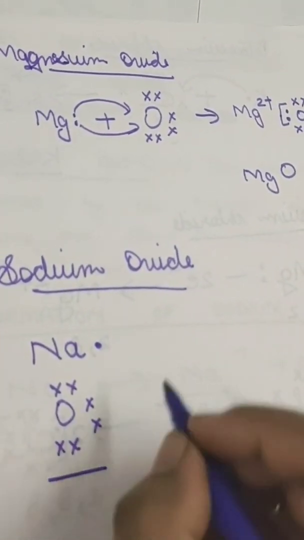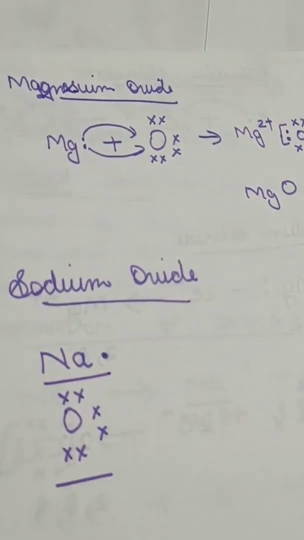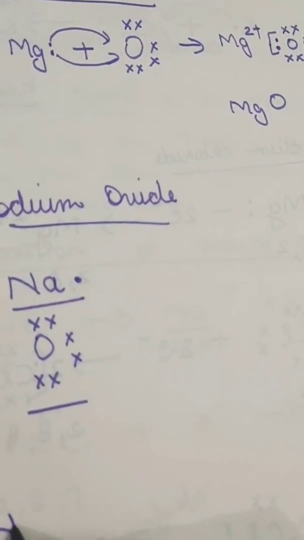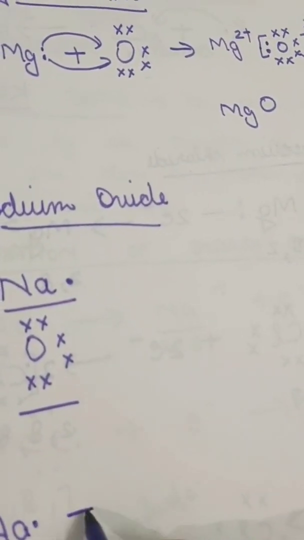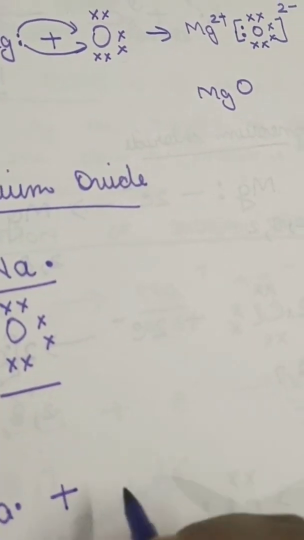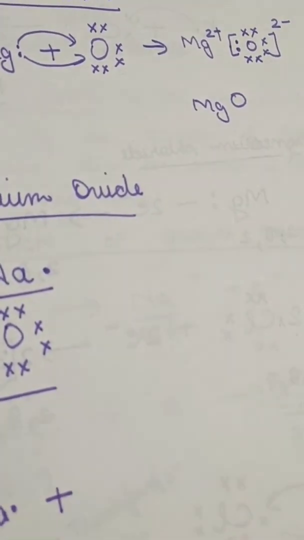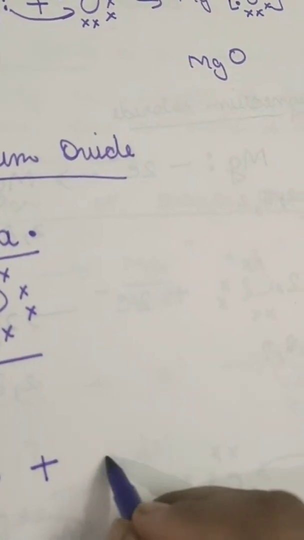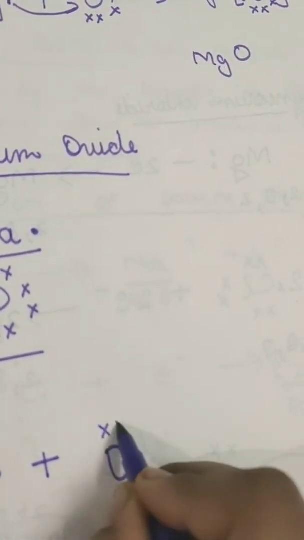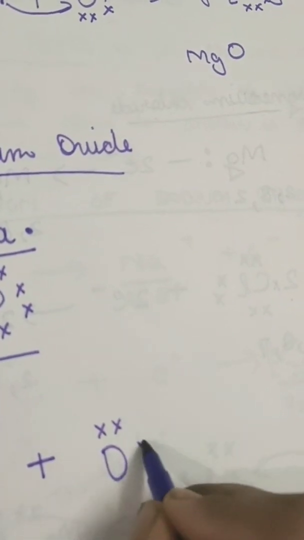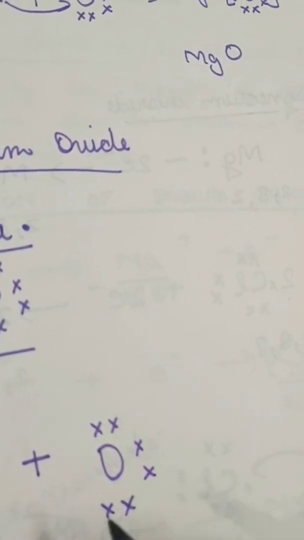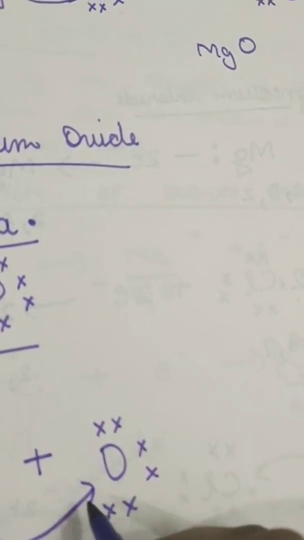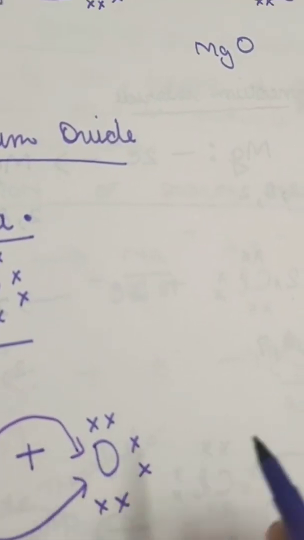but this is only one sodium. So we will use 2 sodium to combine with 1 oxygen. We need 2 sodium. Okay, so there will be transfer of electron from this to this.